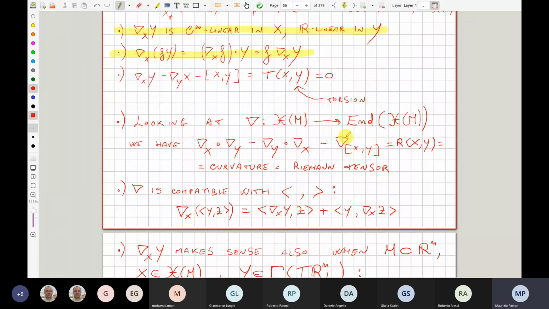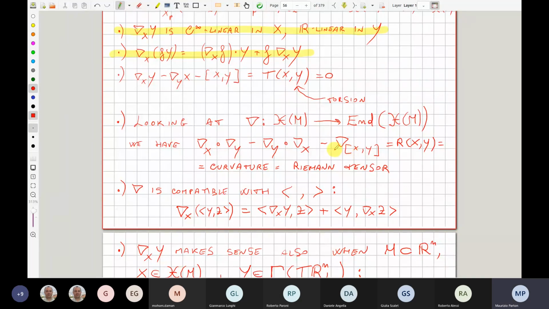Remember that in this expression, there is still space left for vector fields. I mean, this is the derivation with respect to a certain vector field, so it must be filled with another vector, and the result is another vector. So this means that this is not a number and not a vector. This is a map between vectors.